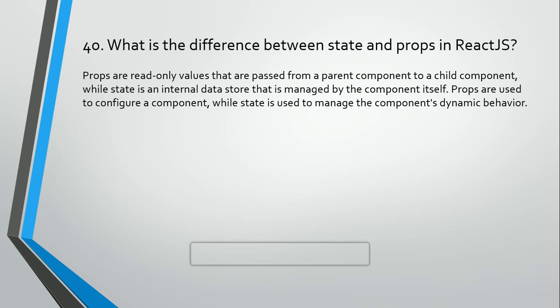To achieve this, in React.js we use state. So you are familiar with state and props, but props are used to configure a component, while state is used to manage the component's dynamic behavior.